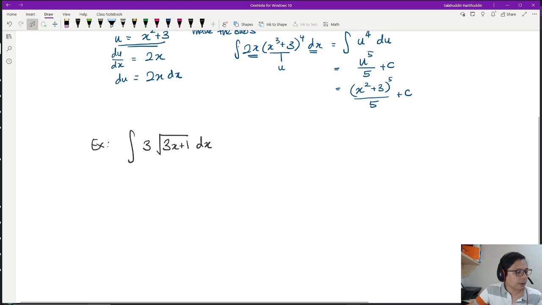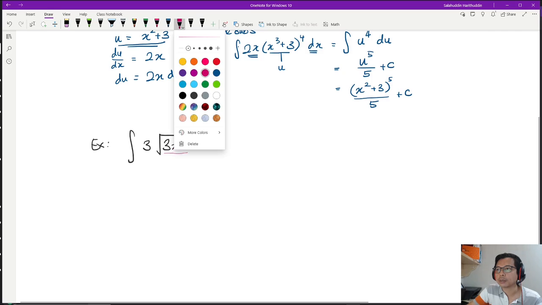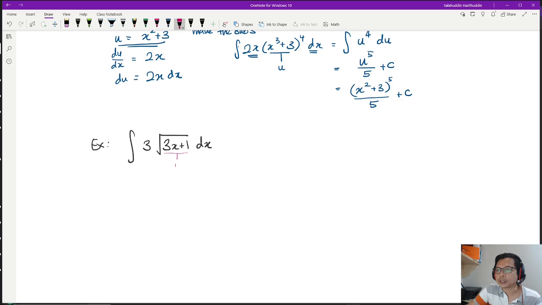Now the inside function, I really like to work with this one here. I'll set this to be u. So u would be 3x plus 1, so that du dx would be just 3, and then du would be 3 dx.